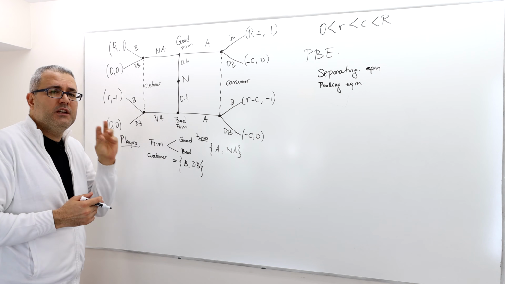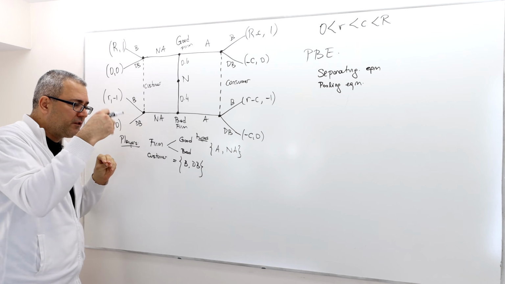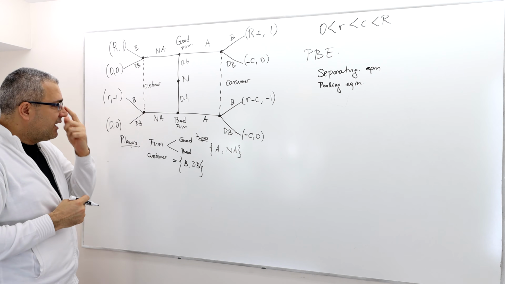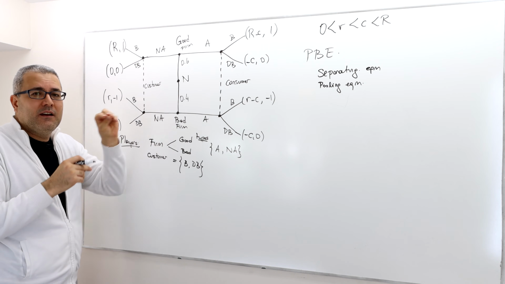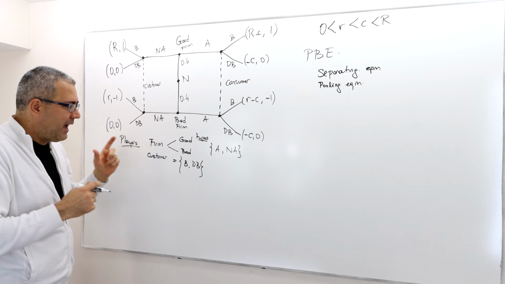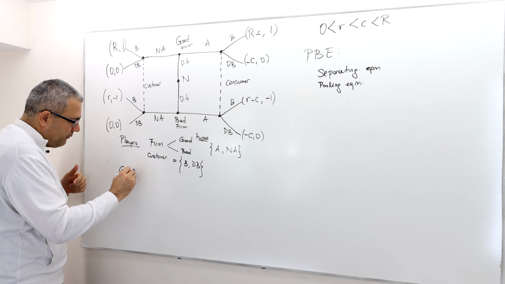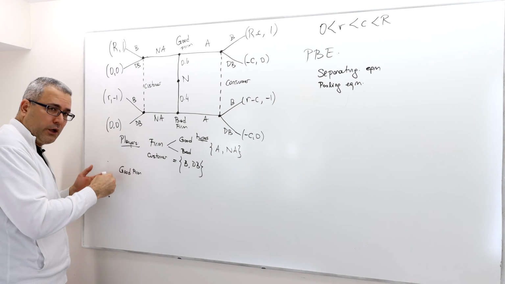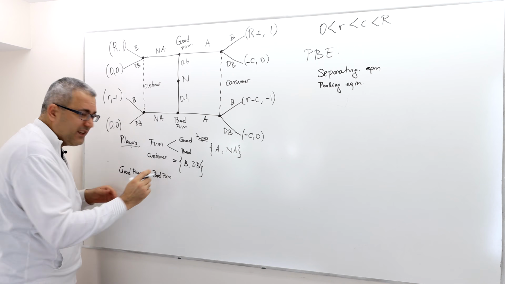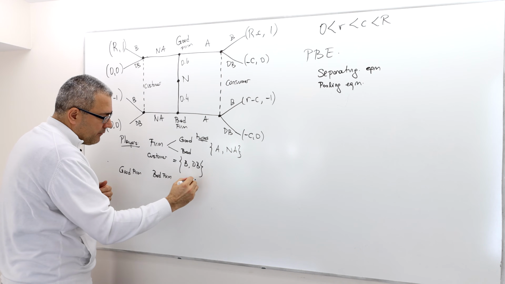Remember, strategy is always a function which maps each information set of a player to an action. So here, each type should have a strategy. The good firm, or firm with a good product, has a strategy. The bad firm has a strategy, and then the customer.